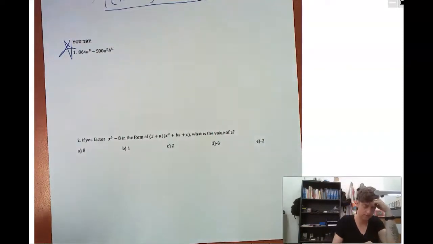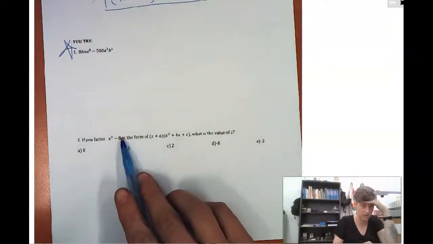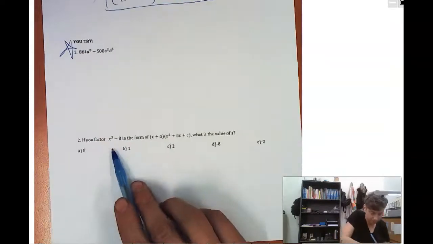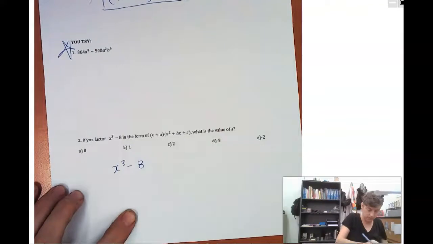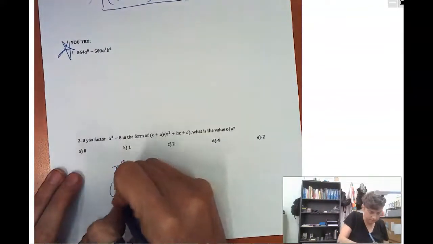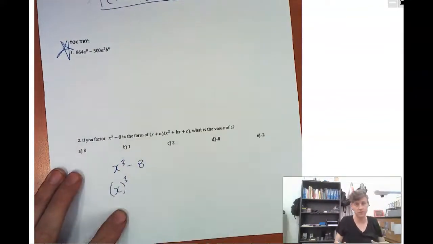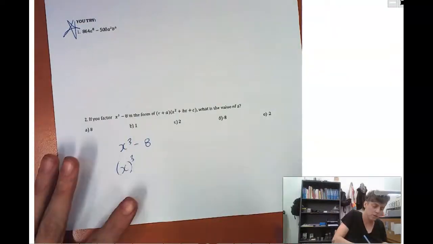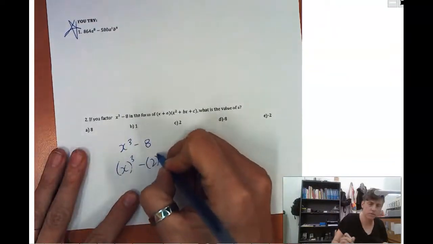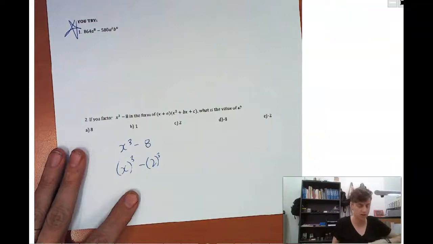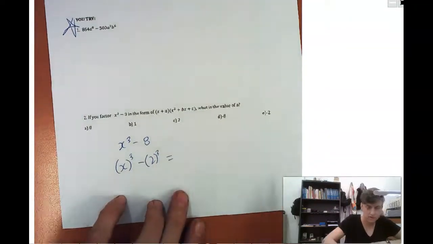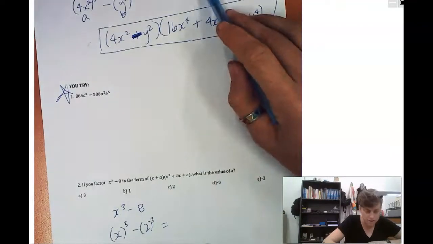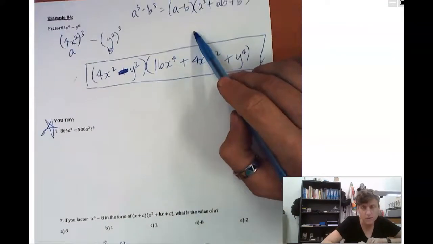Okay, well, this looks like a difference of squares. I mean, difference of cubes. So, x cubed minus 8 would factor, because it's a difference of cubes, x cubed minus 2 cubed. That would factor to, using the same formula up here at the top, which I can't seem to put both of those things in the same.